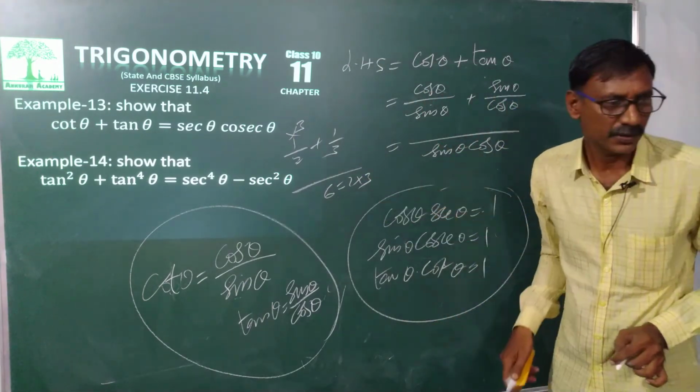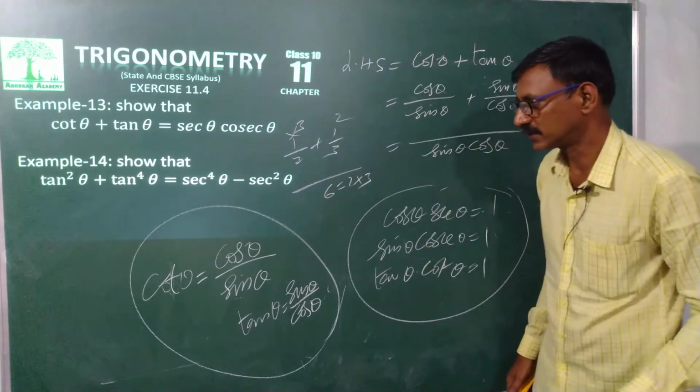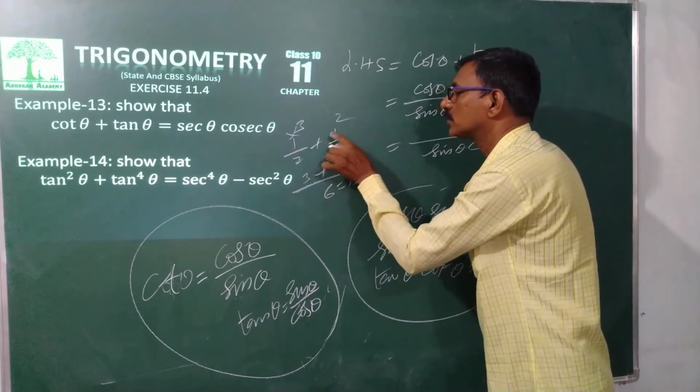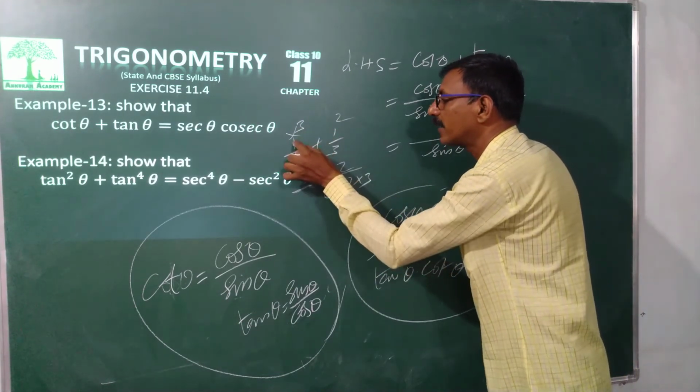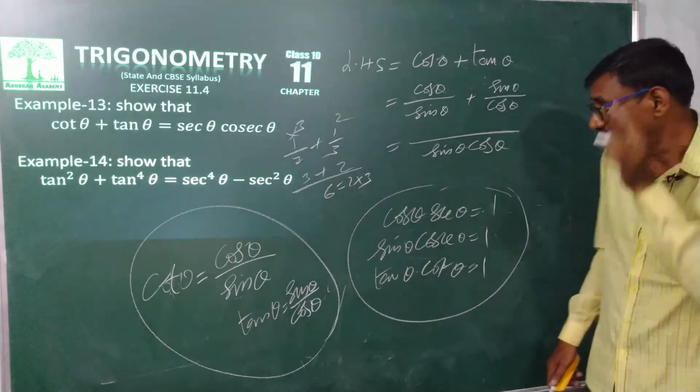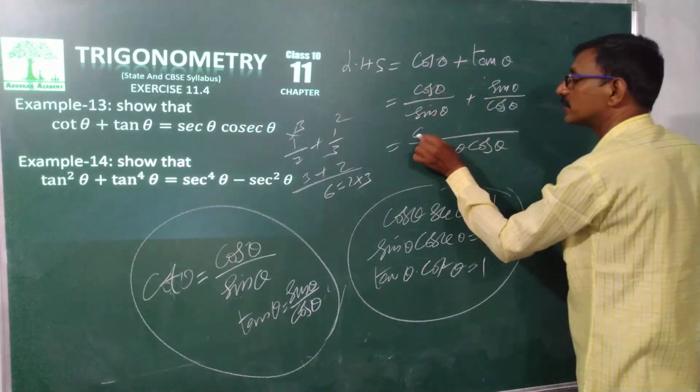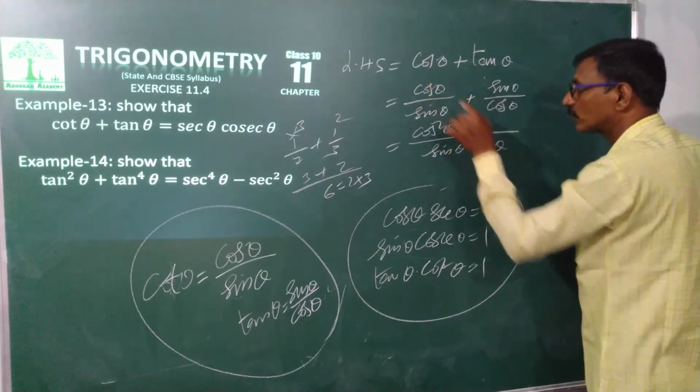How many times is 3? 2 times, so it is multiplied by this. That means 3 into 1 plus 2 into 1. Similarly, this is multiplied by this: cos into cos, cos square theta.